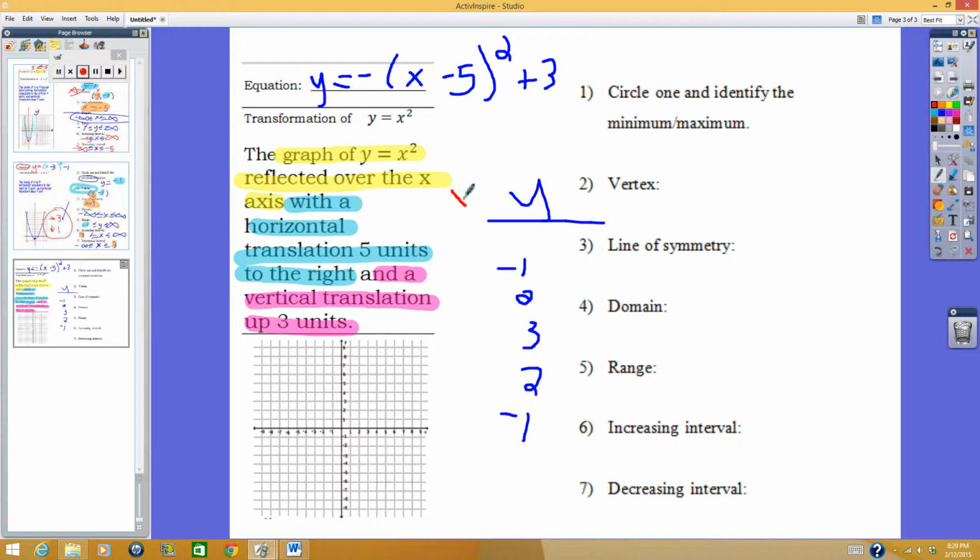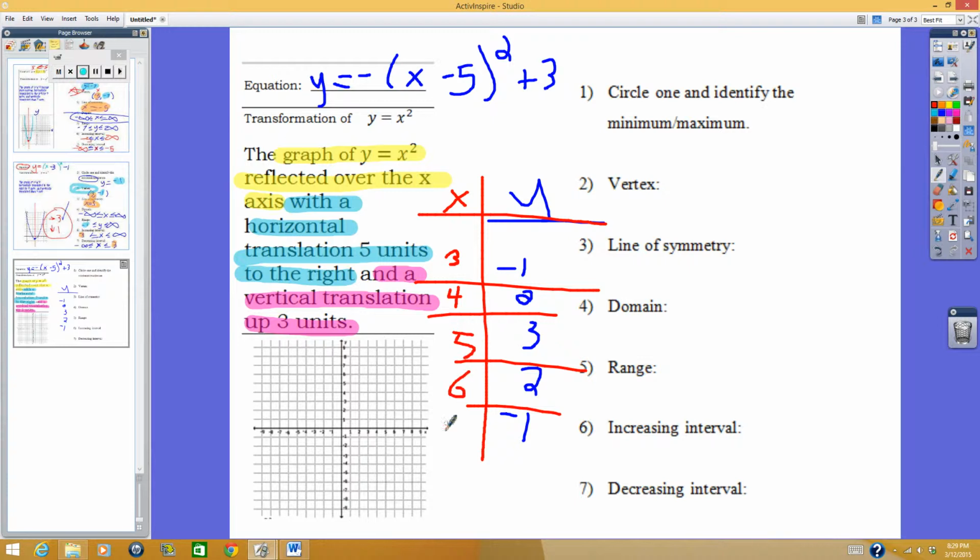Just to get the x's down here. I know I didn't do it for the last one. I'll be nice and do it for this. Alright, -1, it goes 3, 4, 5, 6, 7. Okay. Alright, let me graph those points real quick. Oh, that's huge. Okay. I always like to do this first.